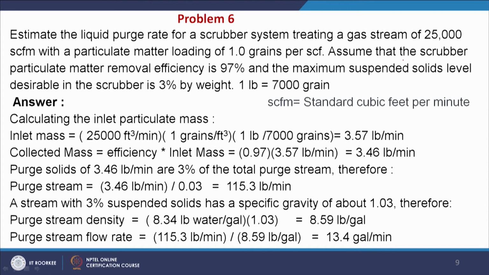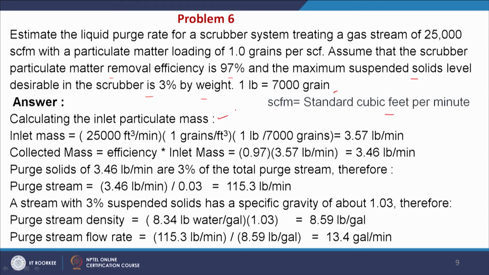Assume that the scrubber particulate matter removal efficiency is 97% and the maximum suspended solids level in the scrubber is 3% by weight. It is given that 1 pound is equal to 7,000 grains, and SCFM is standard cubic feet per minute. So, we can solve like this, first calculating the inlet particulate mass.